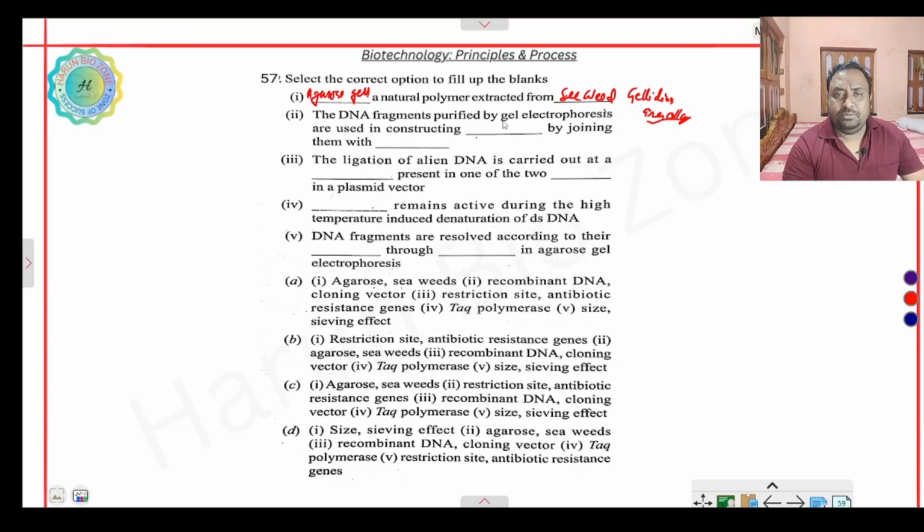The DNA fragments purified by gel electrophoresis are used in constructing recombinant DNA by joining them with a cloning vector. The ligation of alien DNA is carried out at a restriction site present in one of the two antibiotic resistance genes.